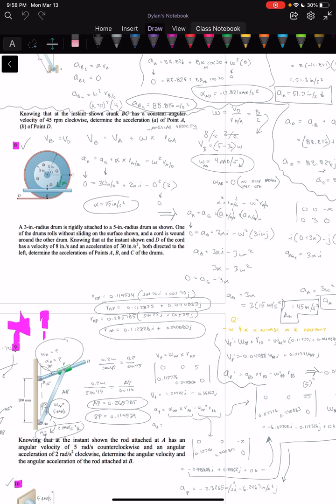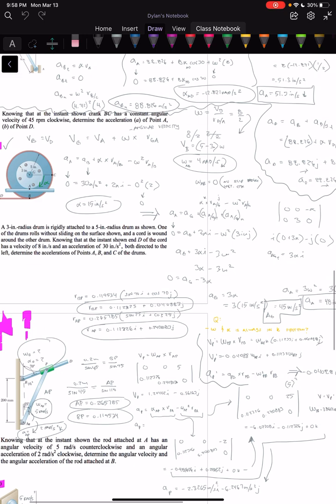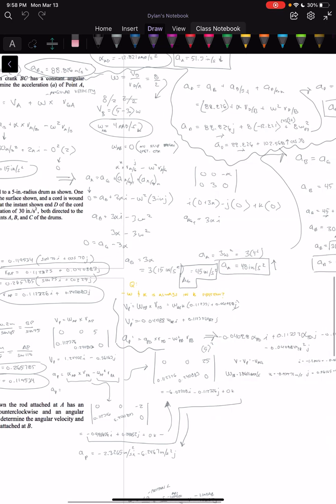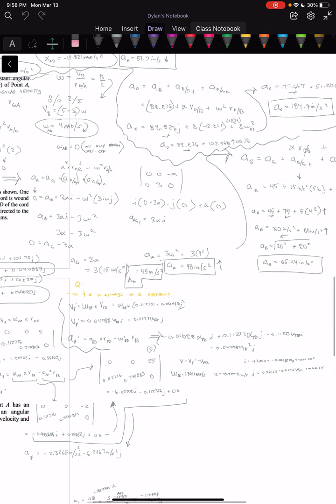We plug that in to find alpha, and then we're able to rewrite other instantaneous acceleration equations to find the acceleration at each different point. That involves taking the cross product and basically using that formula from the notes.